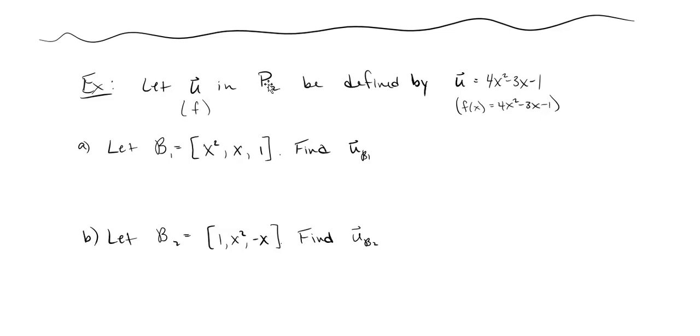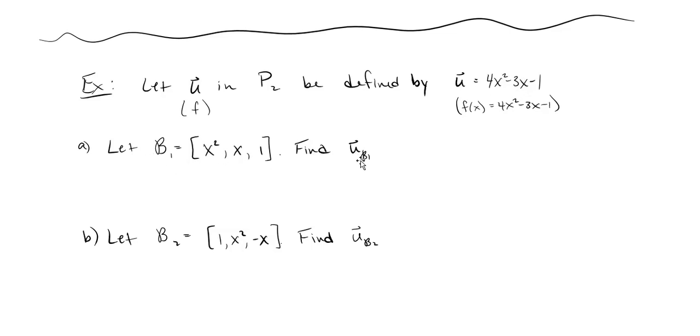But really to emphasize the vector space point of view, I am referring to u as a vector in the main text here. So over here where I wrote up the definition of u, I'm writing f of x equals this function.